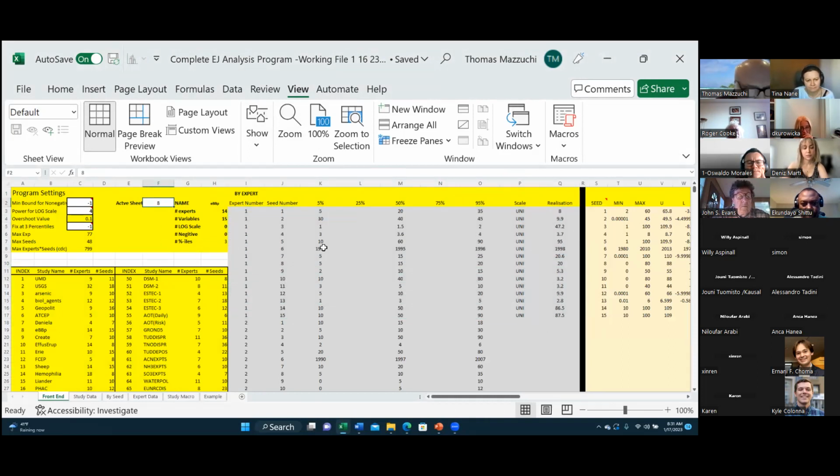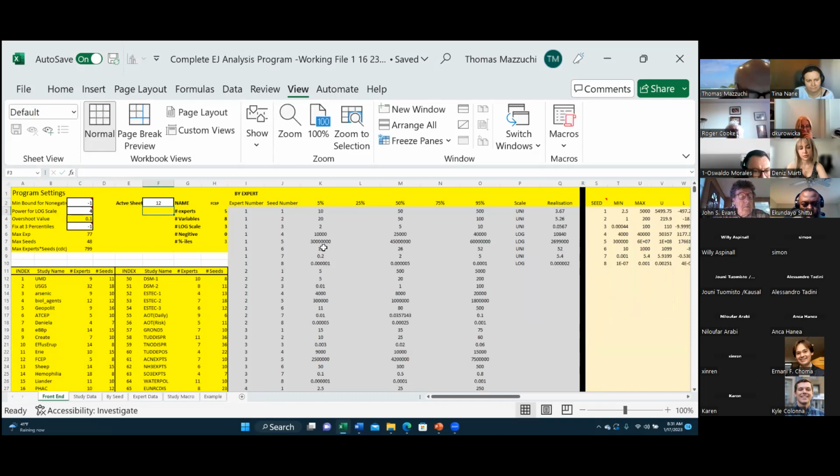And so once I say, well, I want to deal with number 12, which is FCEP, it pulls it in, and then everything's done. Everything except for the equal weights and performance weight decision maker is automatically done at that point in time.